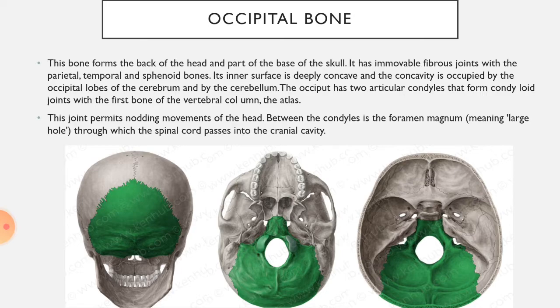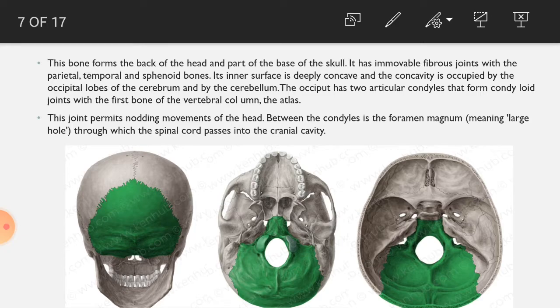The joint between the atlas and axis, C1 and C2 vertebrae, is the pivot joint, which will help in the rotation of your head, and this is the condylar joint, which is between the occipital condyles and the C1 vertebra, which is the atlas, and this is responsible for the nodding movement of your head.